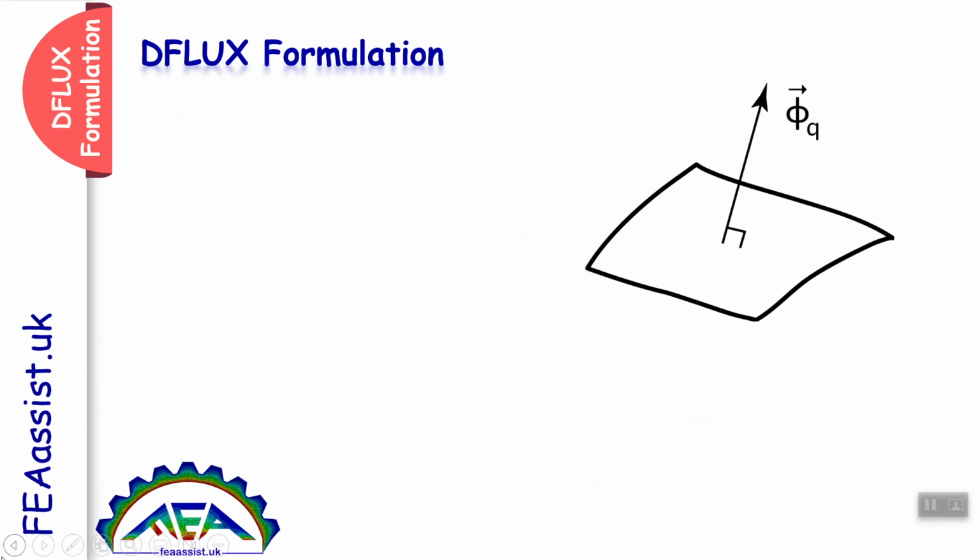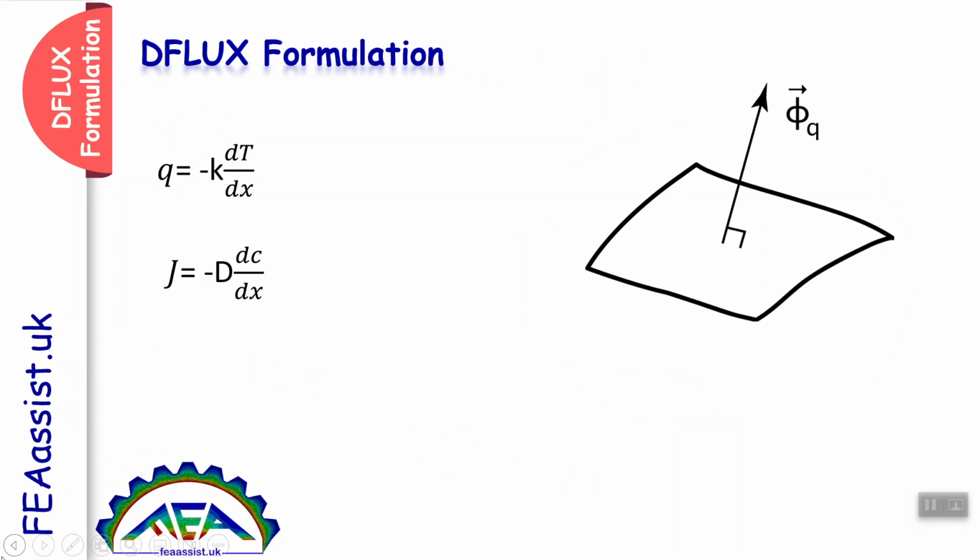DFLUX formulation. Before going to the details of the formulation, you need to understand flux. What is flux? In heat transfer problems, flux is the amount of heat, the amount of energy transferring through a unit of area in a unit of time, which is a function of the derivative of temperature with respect to x in one-dimensional problems.